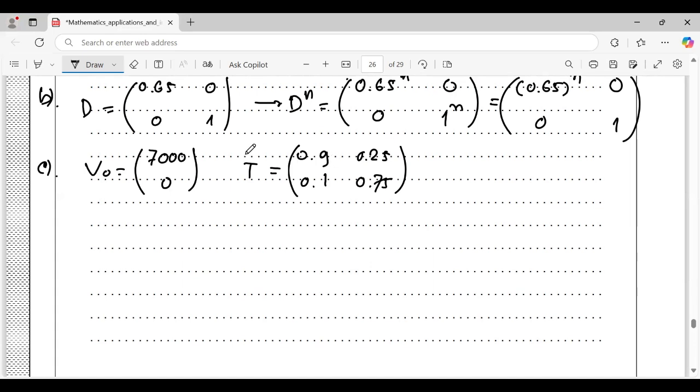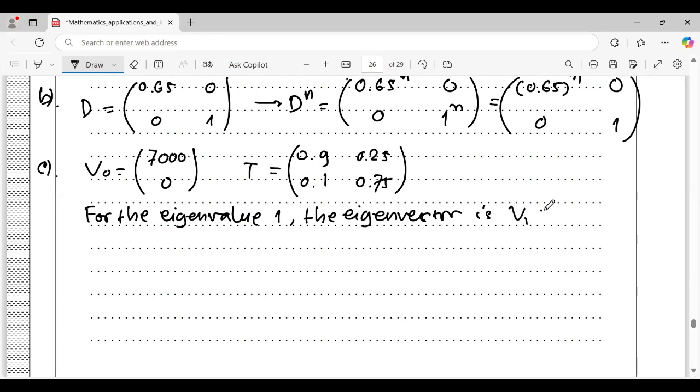For the eigenvalue 1, the eigenvector is P1, 5 and 2 in a column.